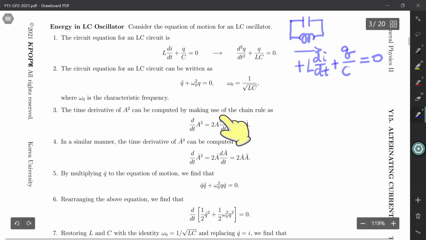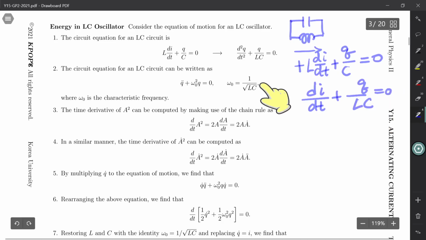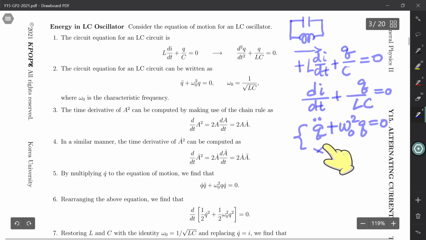Divide both sides by L, the inductance. Because I is the derivative of charge, this is the double time derivative. The equation is equivalent to the simple harmonic oscillator.